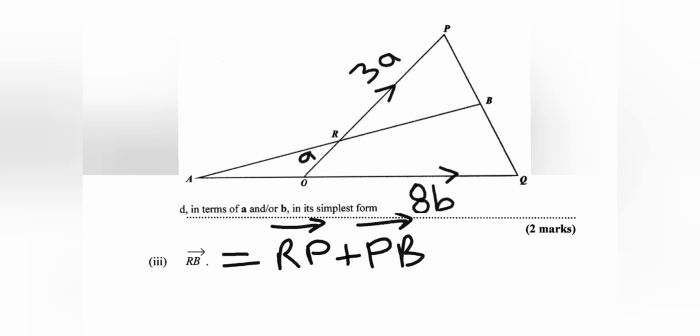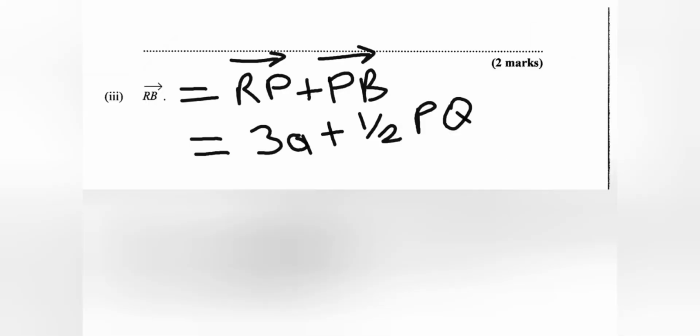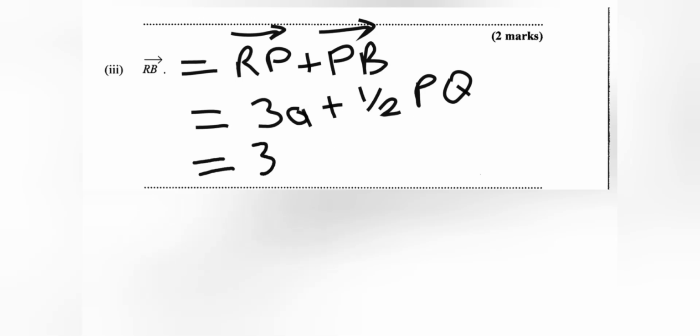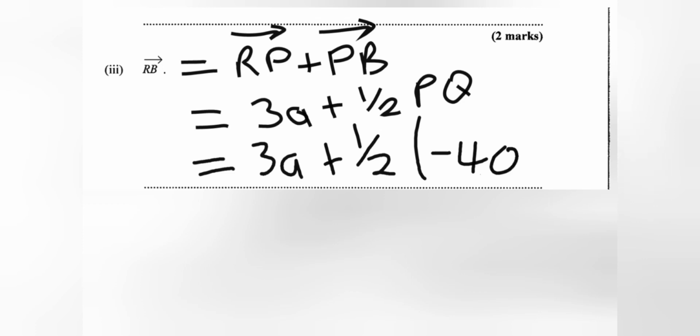To get from R to B, we would have to go from R to P plus P to B. We know that RP has a value based on our diagram, so that's going to be 3a, and PB is going to be the same thing as half of PQ, and we have that worked out in part I. So it's going to be equal to 3a plus a half of PQ, which is minus 4a plus 8b.